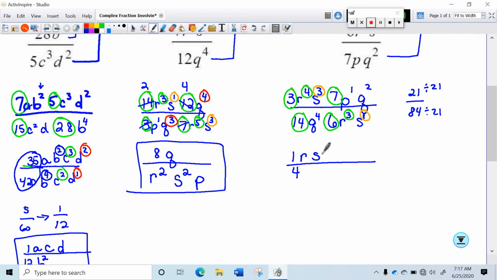Subtract 3 take away 1 is 2. For my p's, I only have one p, and that's on the top. So just write it on the top, and you can take the exponent away because it's a 1. For my q's, I have 2 and a 4. The biggest q is on the bottom, so my q is going to be on the bottom. And then 4 take away 2 is 2. And I think that takes care of all of them.